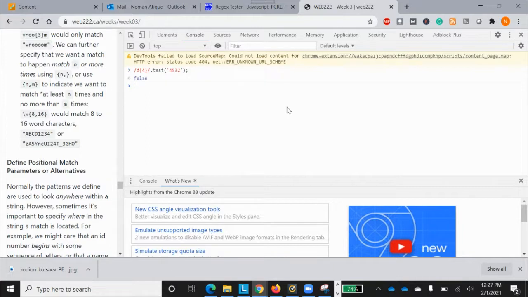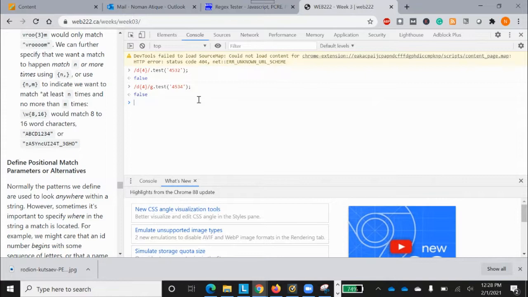it's false. Why is it giving false to me? Maybe backslash g. Okay, let's check that one as well. g dot test 532 or whatever.